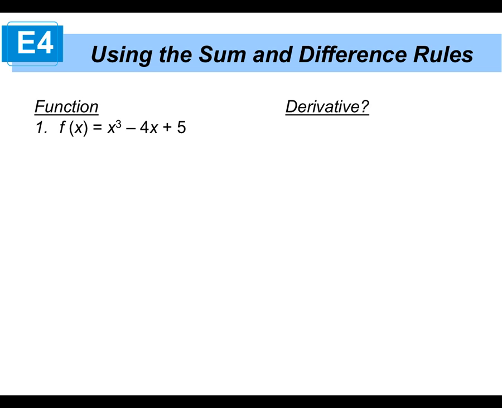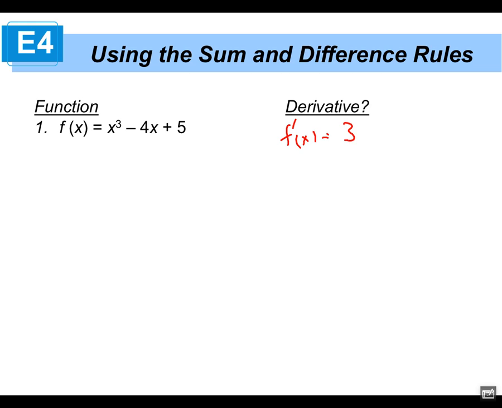So therefore the derivative is, say that all over again. You forgot it already, didn't you? Okay, so f prime of x is, you said the derivative of x cubed was 3x squared.